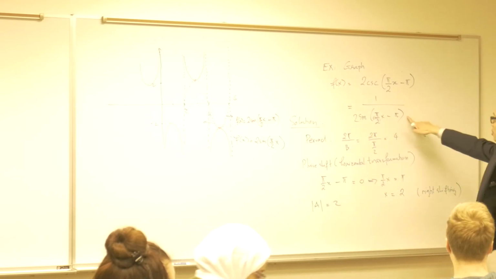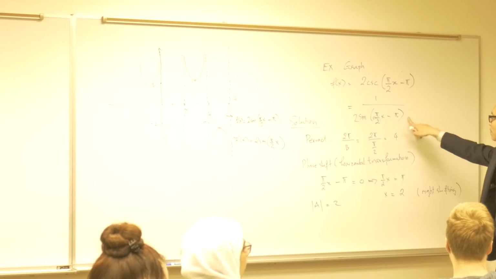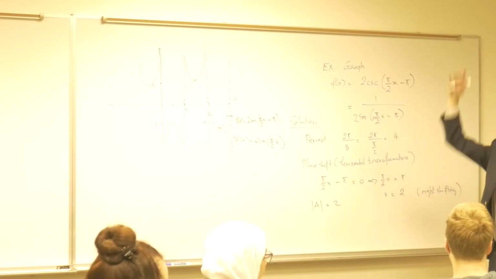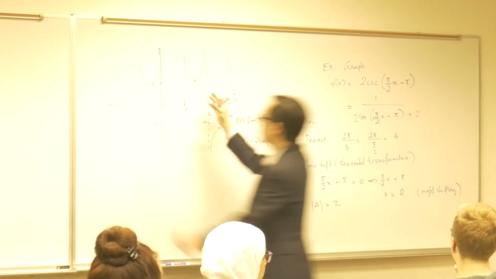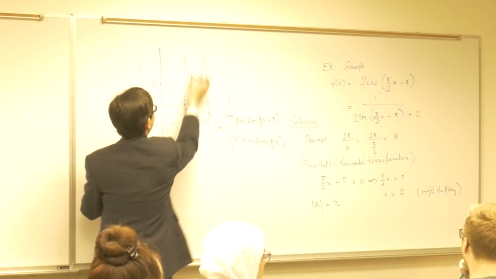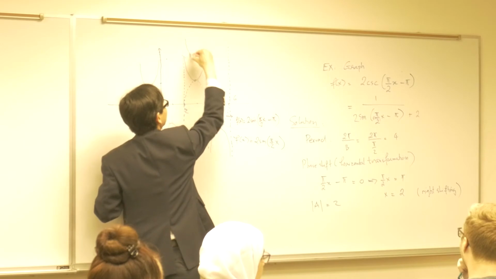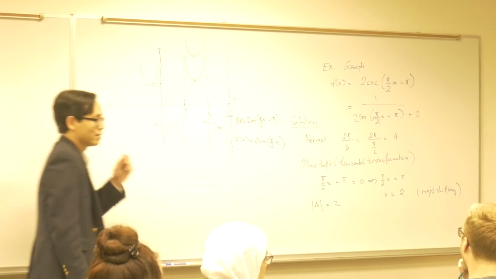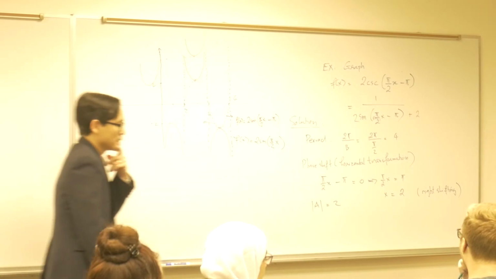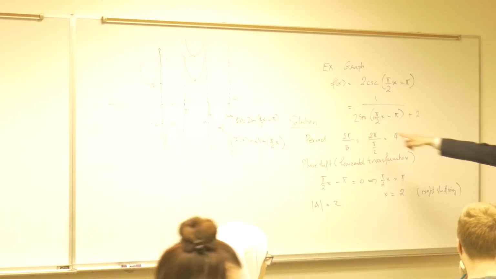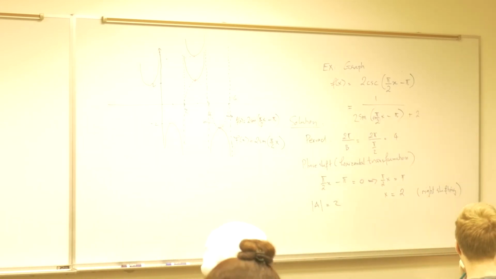Unless they want you to add to the vertical asymptote at a certain unit over here, then you move up. For example, if I add 2, then I move this up 2 units, so it becomes 4 over here. But other than that, you don't have to. Whatever you start with the amplitude, that's what it is.